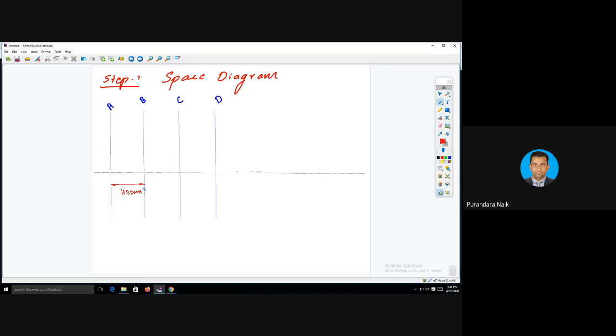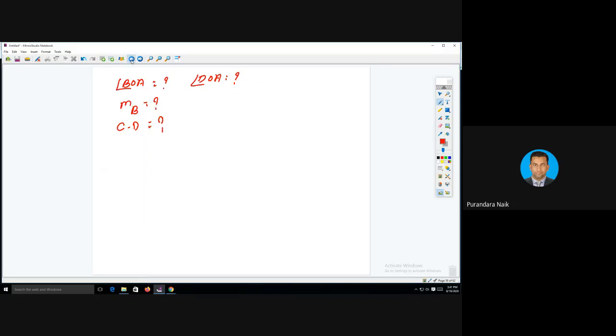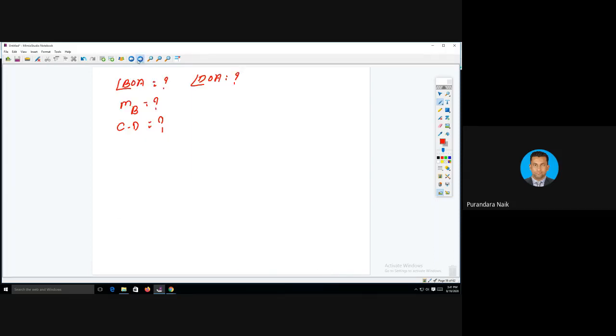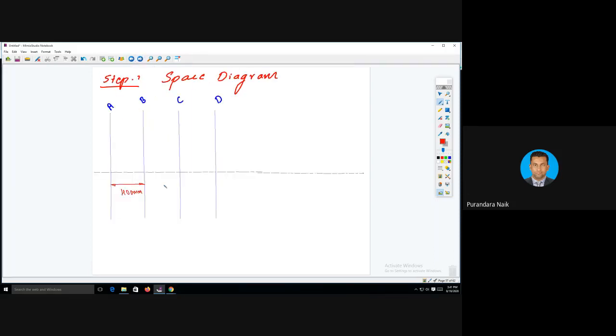millimeter. Next, if you go back to the previous slide, distance between B to C is 500 millimeter. Only these two distances are given.